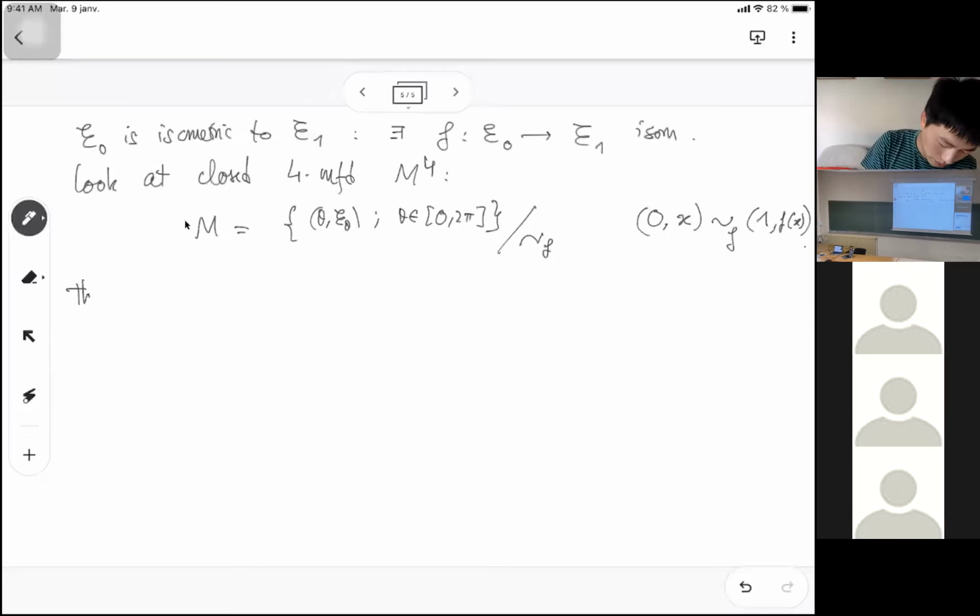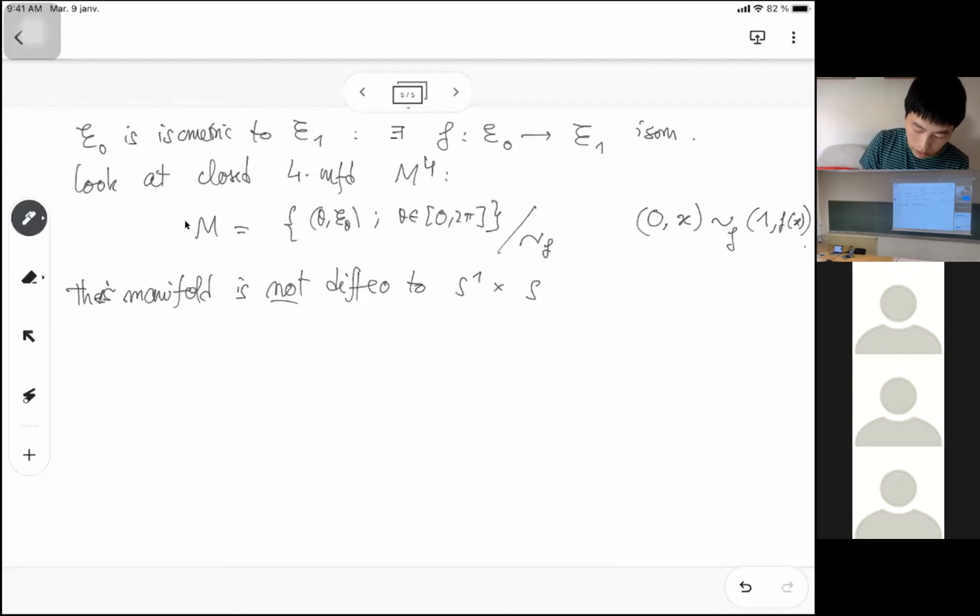But it is true that this manifold is not diffeomorphic to the trivial product, so to say S1 cross R2. So locally, it is indeed an interval times S1 cross R2.